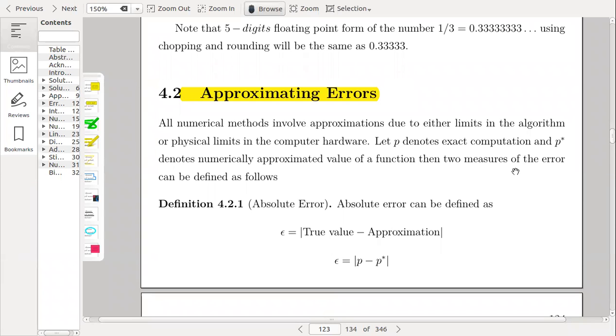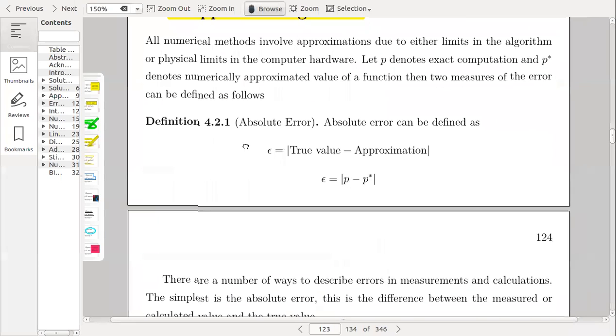Then two measures of the error can be defined as follows. First is the absolute error. The absolute error can be defined as epsilon is equal to true value minus approximation, that is epsilon is equal to P minus P star.